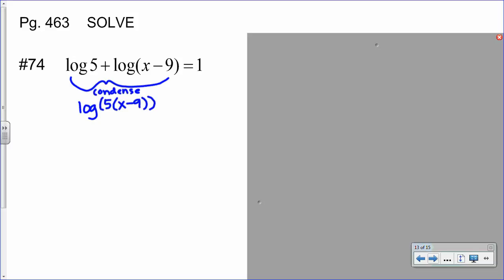Okay. I'll go ahead and distribute my 5 now just so I can knock out one set of these parentheses here. So that's 5x minus 45. Now I can exponentiate.